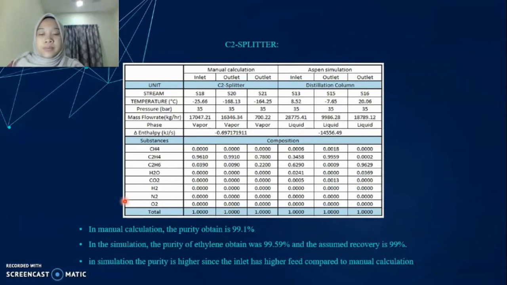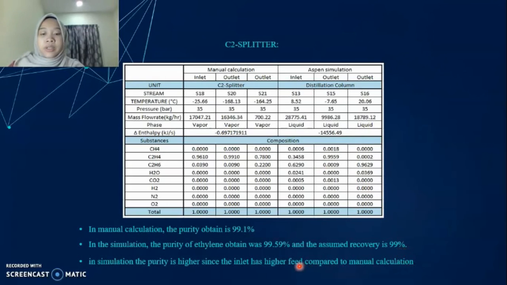So lastly, this is our last unit, which is the C2 splitter. In the manual calculation, we only obtain 99.1% purity of ethylene, while in the Aspen simulation, we obtain 99.59%. And in Aspen, we assume the recovery of ethylene is 99%.